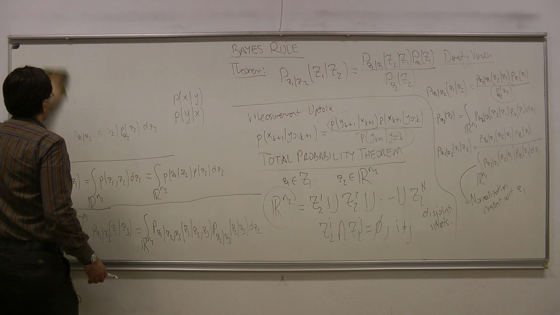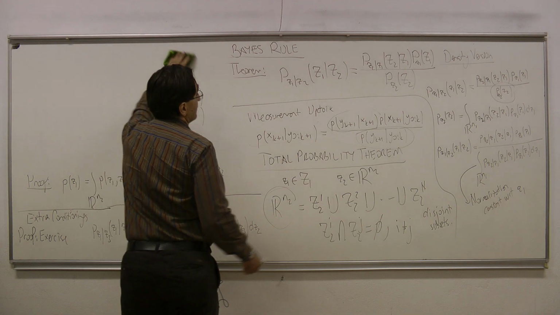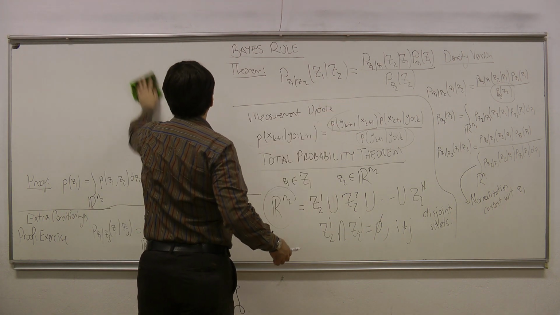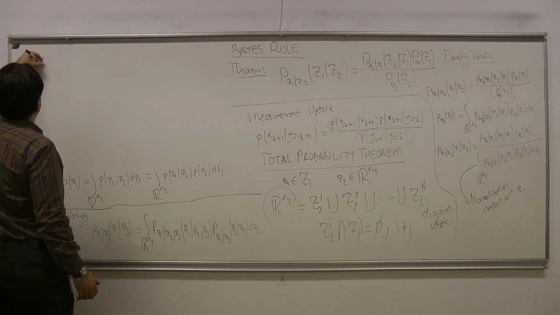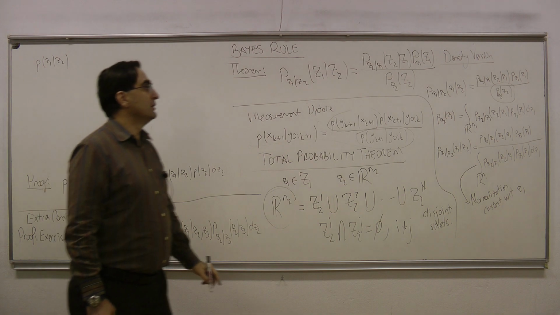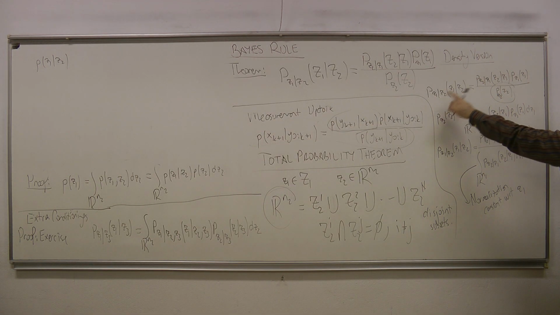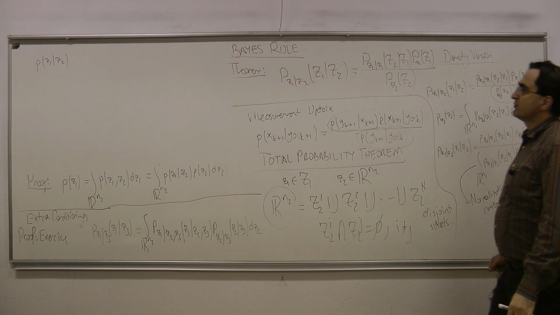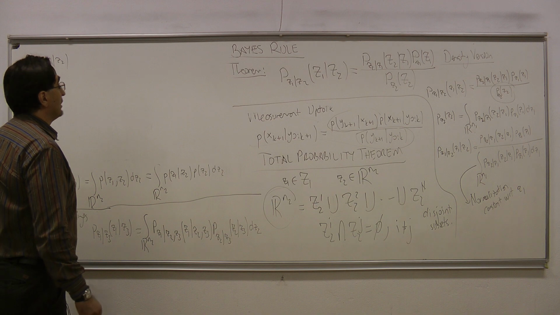So just like the total probability theorem, the density version of the Bayes rule can be proven quite easily. So I have P of Z1 given Z2 here. I will not write the subscripts here, as you see they don't carry much information. So I will just write these distributions like this.